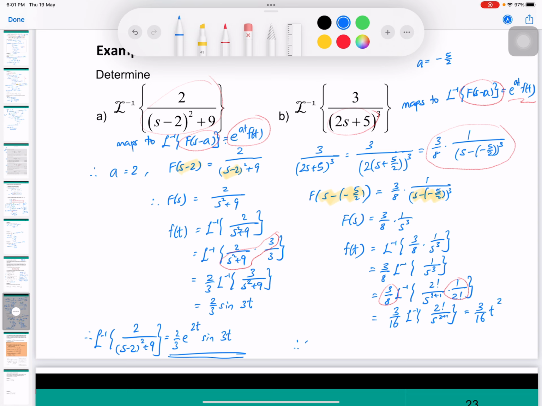So lastly, inverse Laplace of 3/8 times 1 over s plus 5/2 to the power of 3 equals to e to the at f of t.